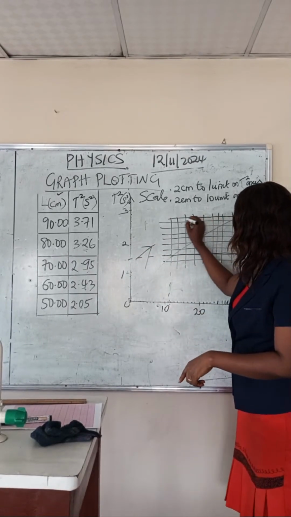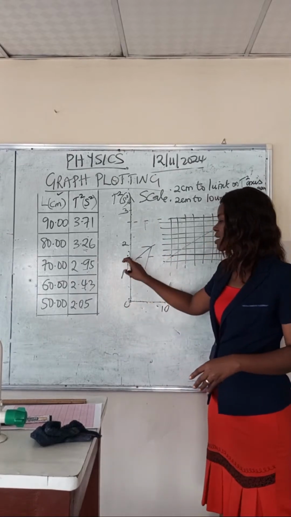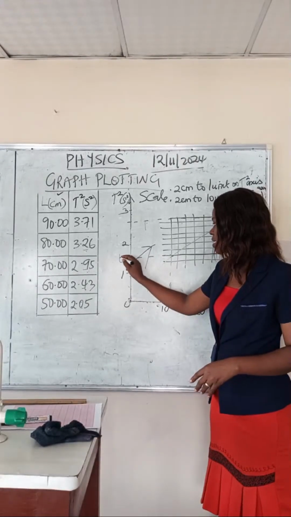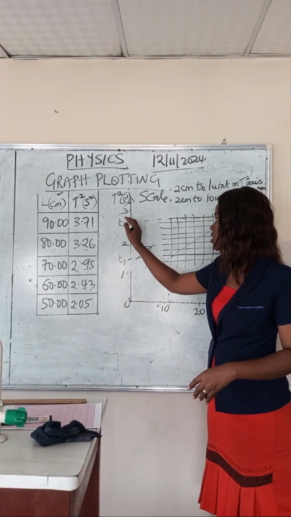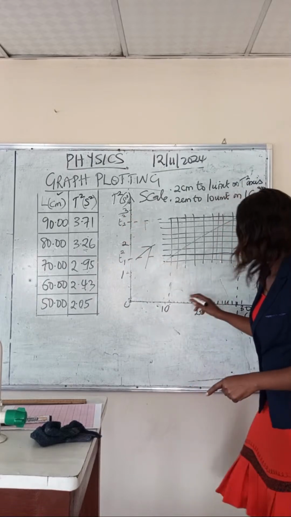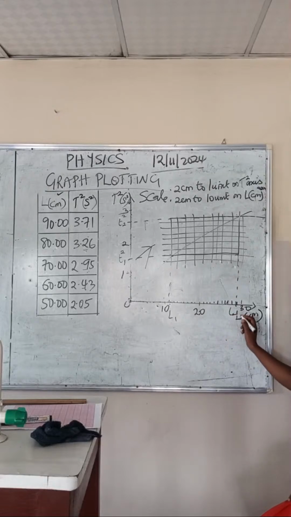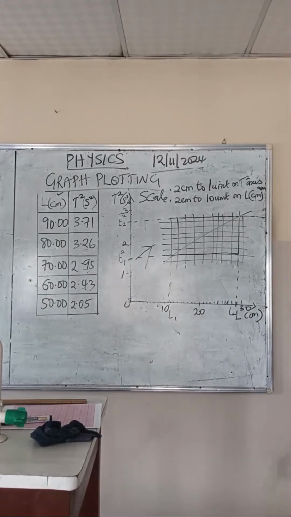Now if you do that, this is your first T, T1, this is T2. Here, this is L1, L2. Is that clear? Yes. Now do that. Let us do the final solving.